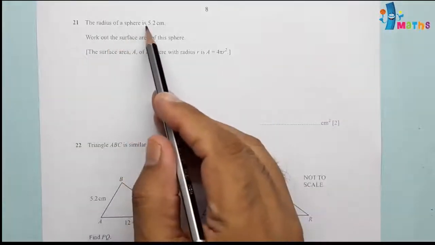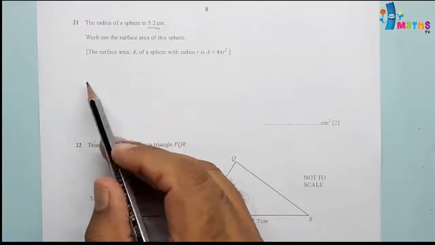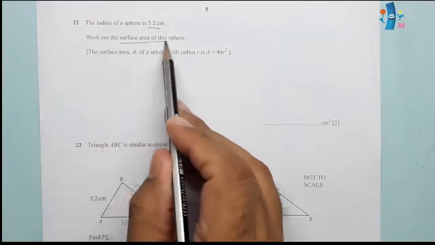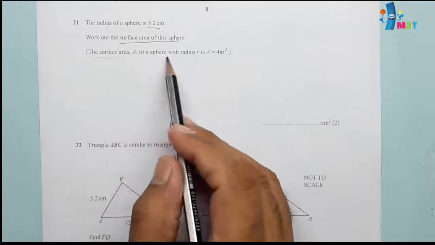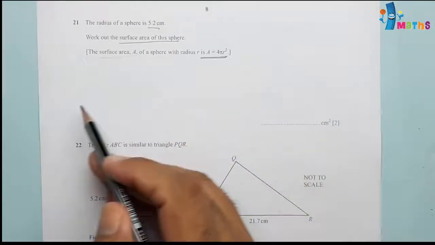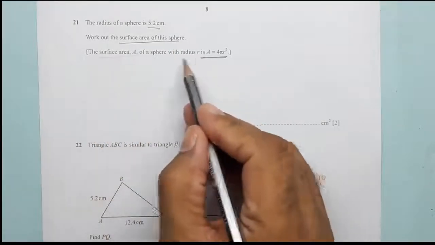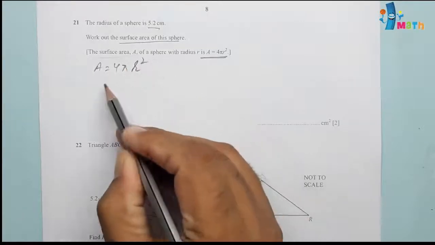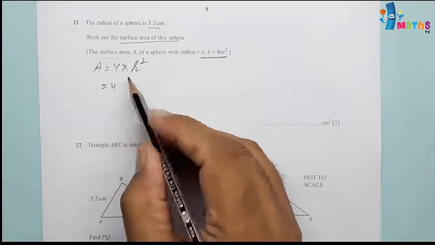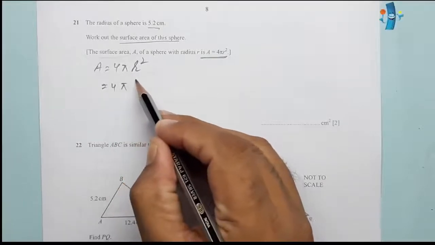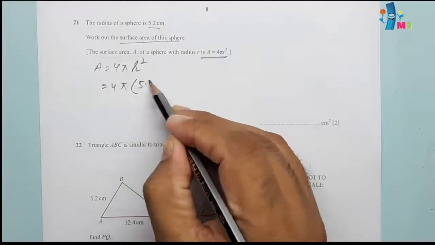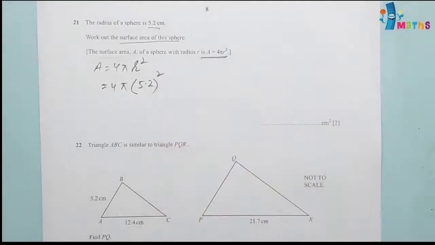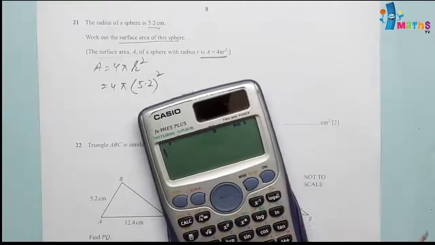The radius of the sphere is given as 5.2 centimeters. Work out the surface area of the sphere, and for surface area the formula is given. So A is equal to 4 pi r squared. So we will write A is equal to 4 pi, r squared will be 5.2 squared. So we can use a calculator to solve this.